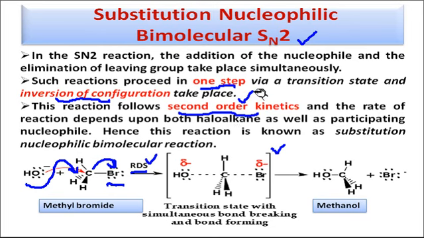That means the rate of reaction depends on the concentration of both the methyl bromide or the alkyl halide as well as the nucleophile. That is the reason why these reactions are called the substitution nucleophilic bimolecular reactions, or the SN2 reactions.